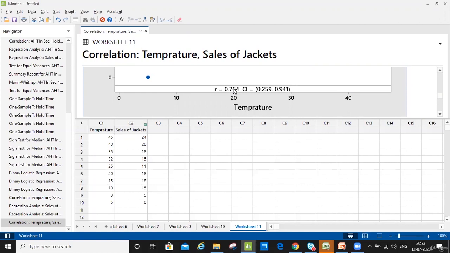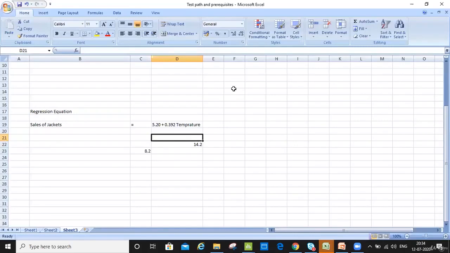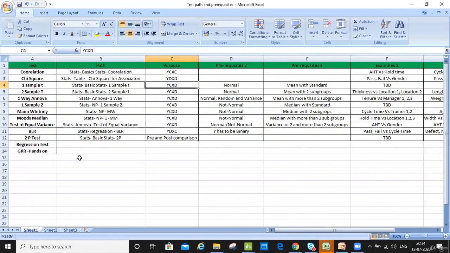If in correlation you're not satisfied, you see there is no relation, then there is no reason for going for a regression test. Okay. So I hope you have understood the difference between correlation and regression. Both are to be done when your y is continuous and your x is continuous.